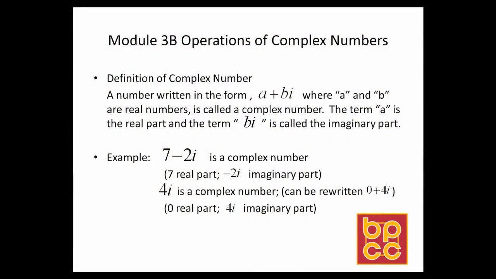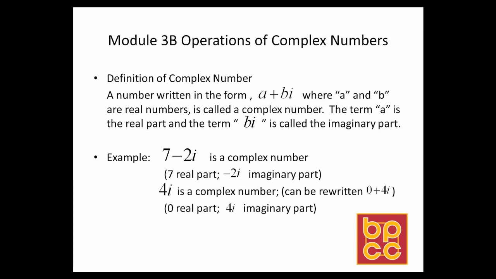Okay, so if you look at the notes, the PowerPoint, we have a definition of a complex number. It's a number written in the form a plus bi, where a and b are real numbers. So, for example, if you look down there, 7 minus 2i is a complex number. It technically has two parts.